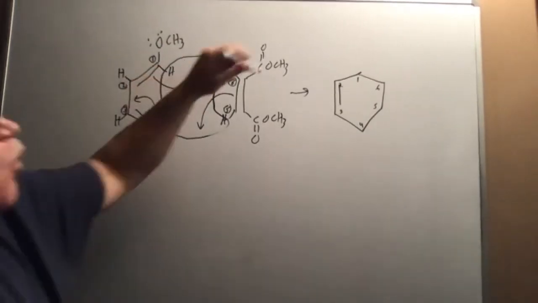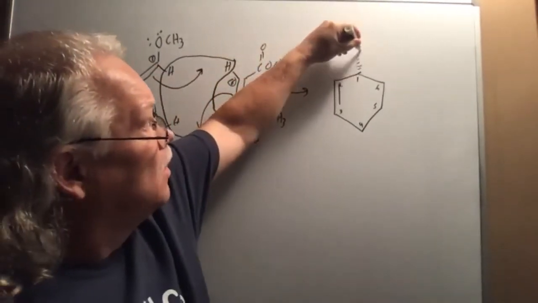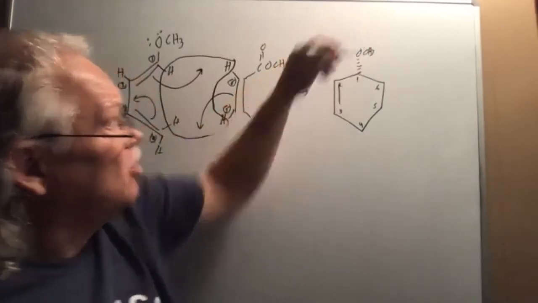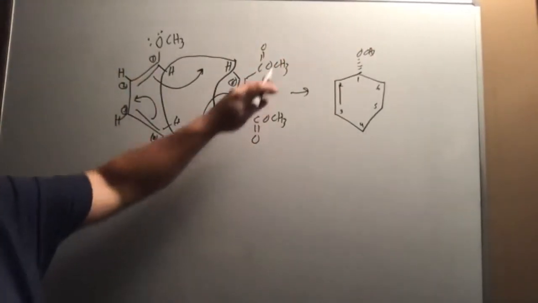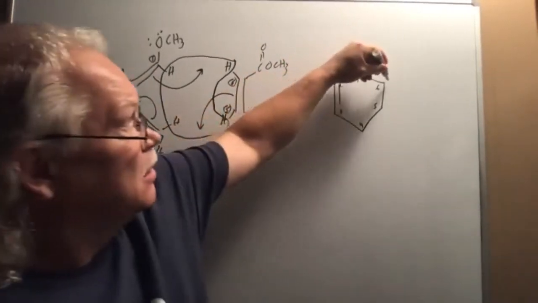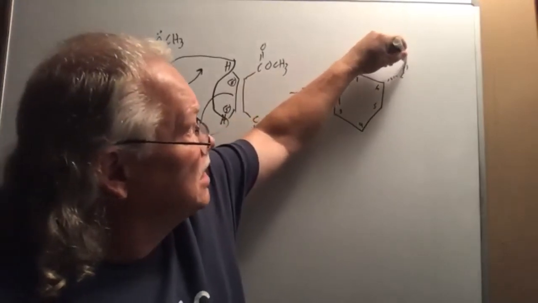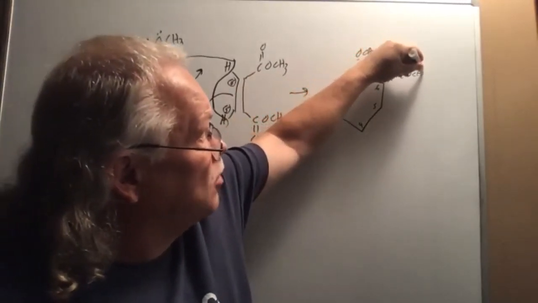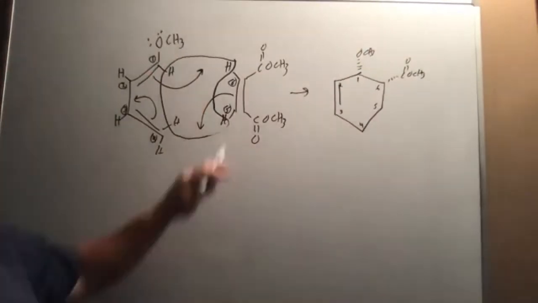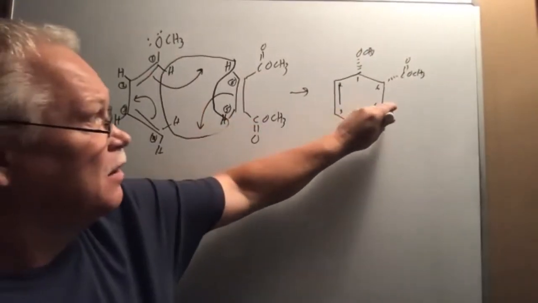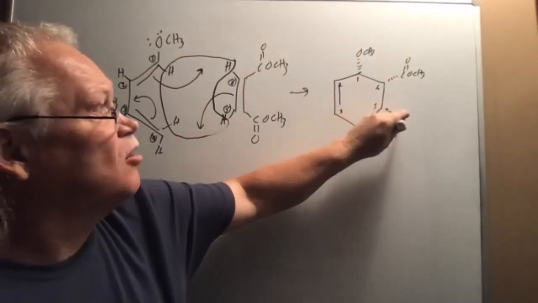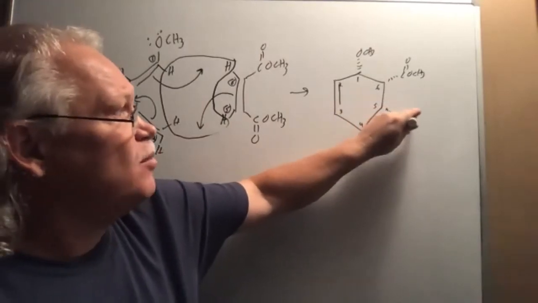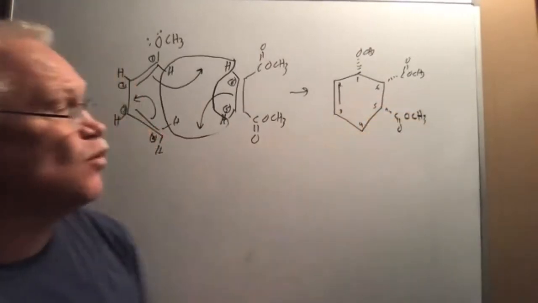So on carbon 1, notice the OCH3 goes back. On carbon 6, notice the C double bond O OCH3 goes back. Notice on carbon 5, this goes back. So all of them are on the same side of the ring.